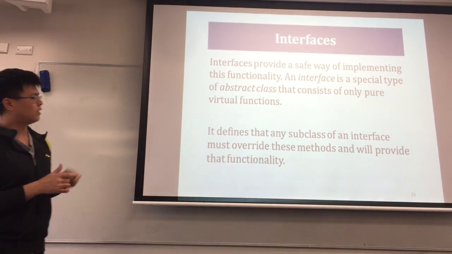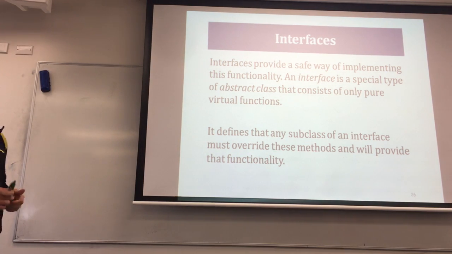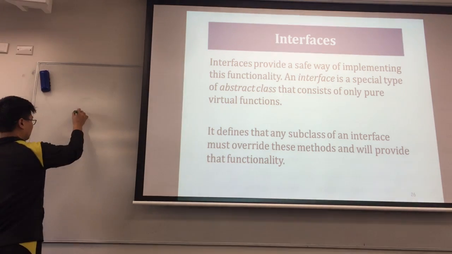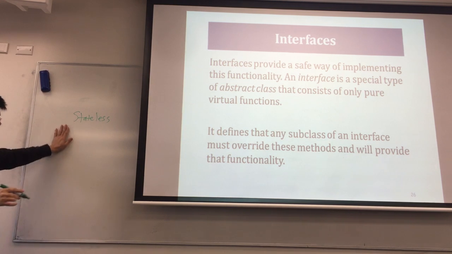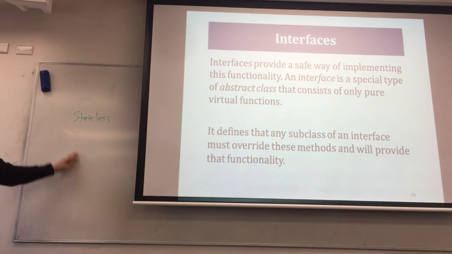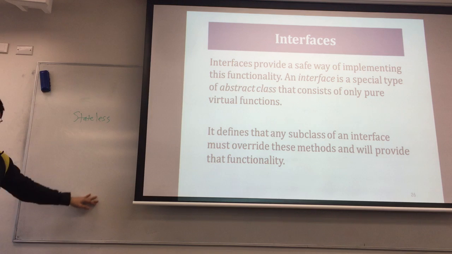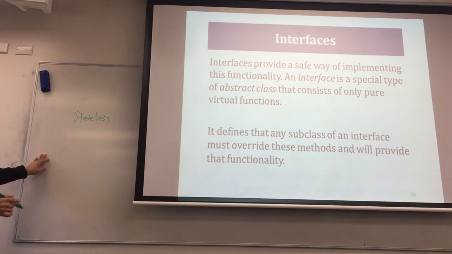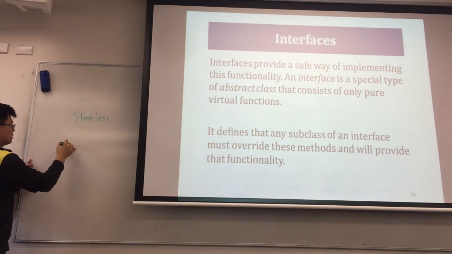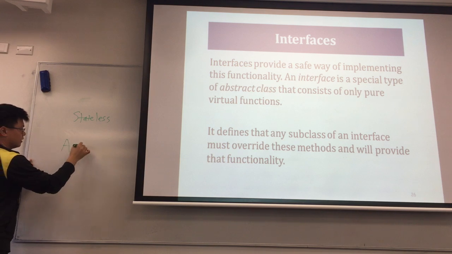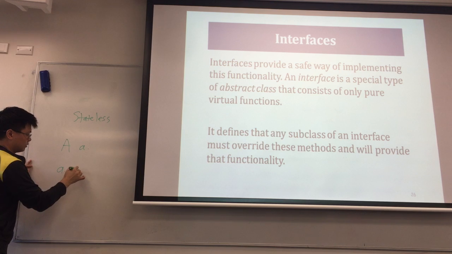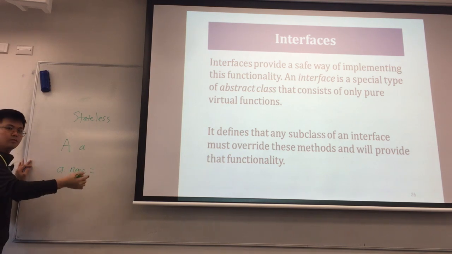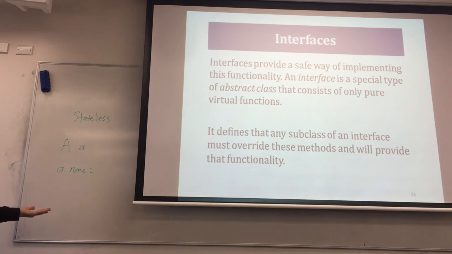So the concept of interface is that it is stateless. Stateless, meaning that it is immutable, it's unchangeable. So when you have an instance of a class A, you can change something from it, a.name equals, or a.setName something, you can change a property of that.